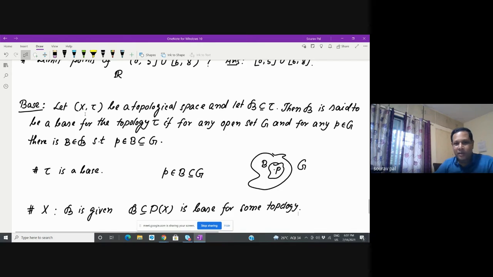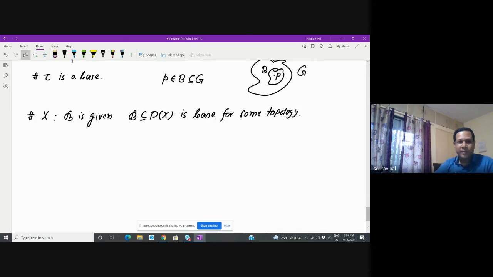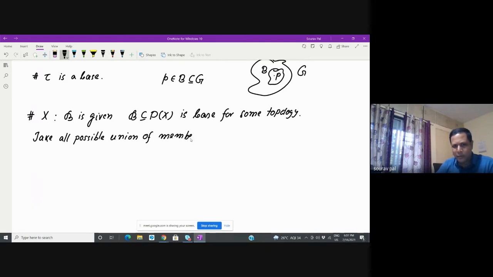You take all possible unions of members of B, and then you can verify that it actually is a topology. That is the topology generated by this base.